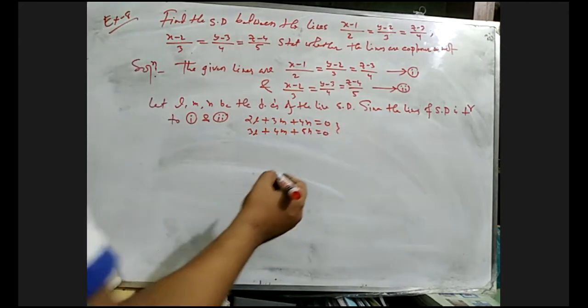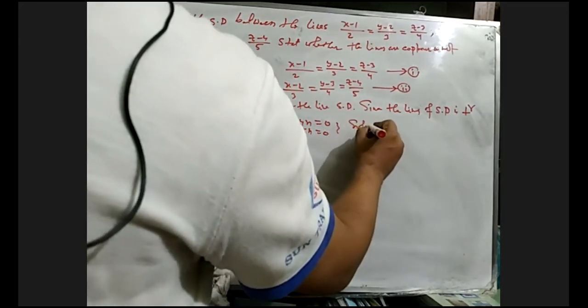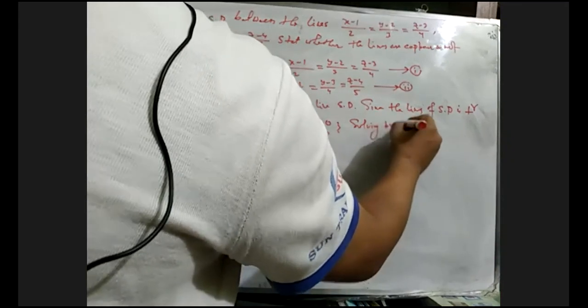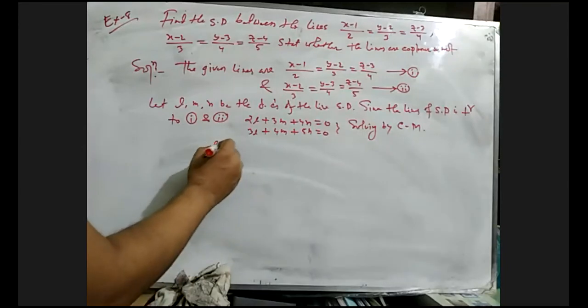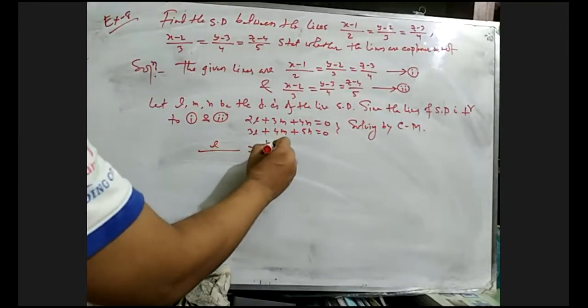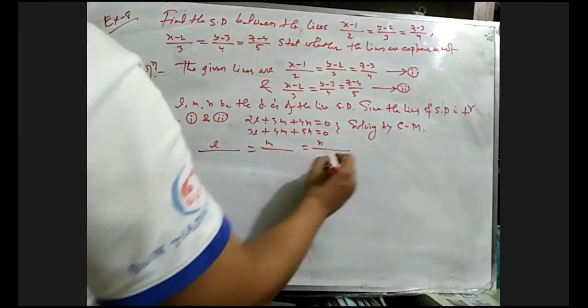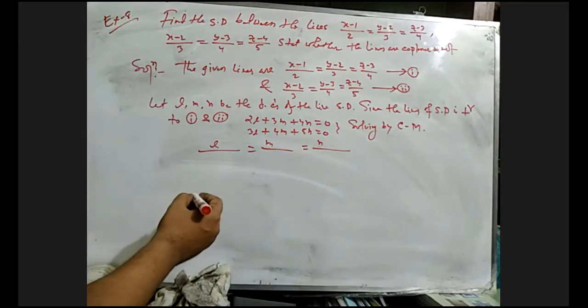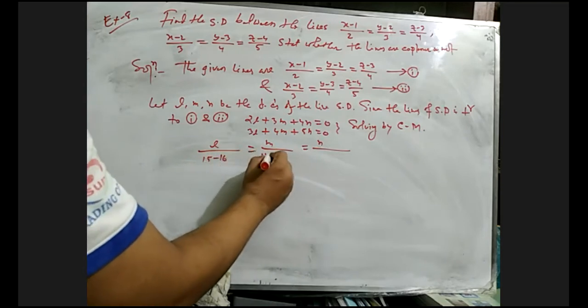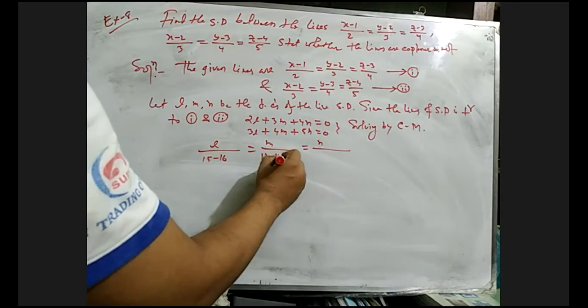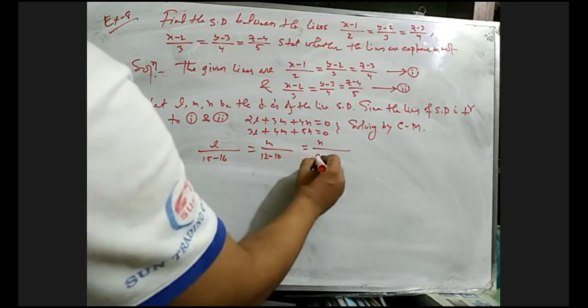Solving this by the cross multiplication method, we get l divided by (15 minus 16), m divided by (12 minus 10), and n divided by (8 minus 9).